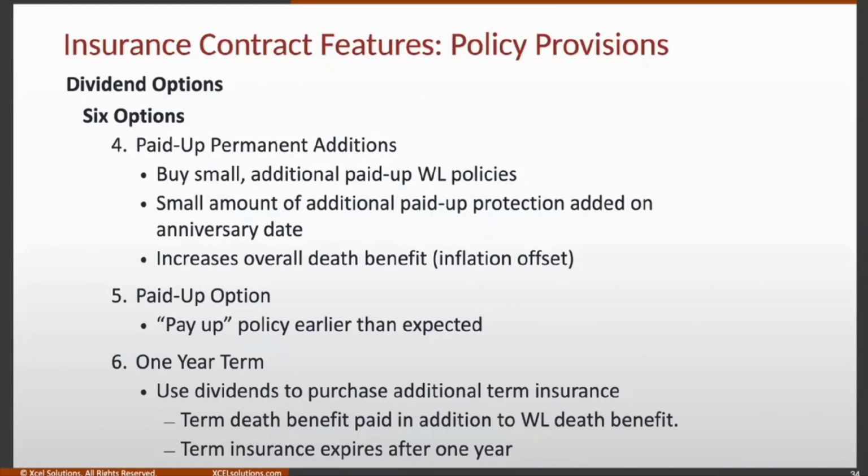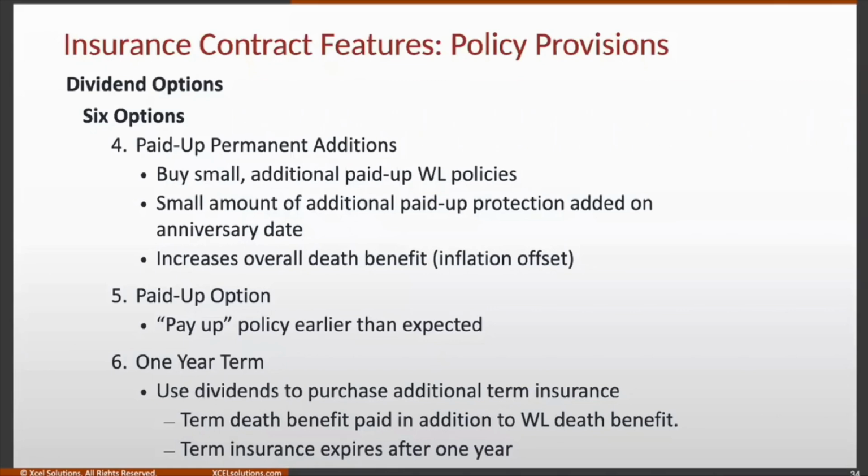So if you explain to the insurance company you wish to exercise this 1-year term option, then they will take your dividend and buy only 1 year's worth of term insurance on your life, where the face amount is equal to the amount you borrowed out of your original contract. And it will be in place for 1 year.